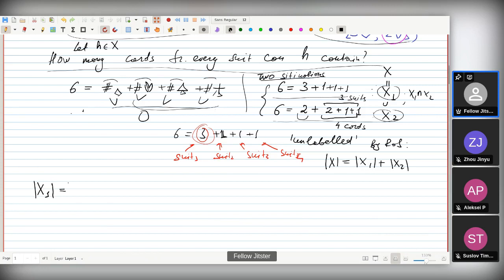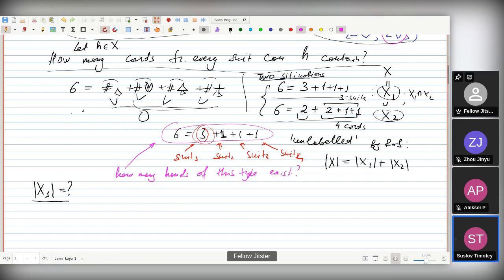Is it clear? Yeah. So, how many hands of this type do we have? Choose 3 from 52.